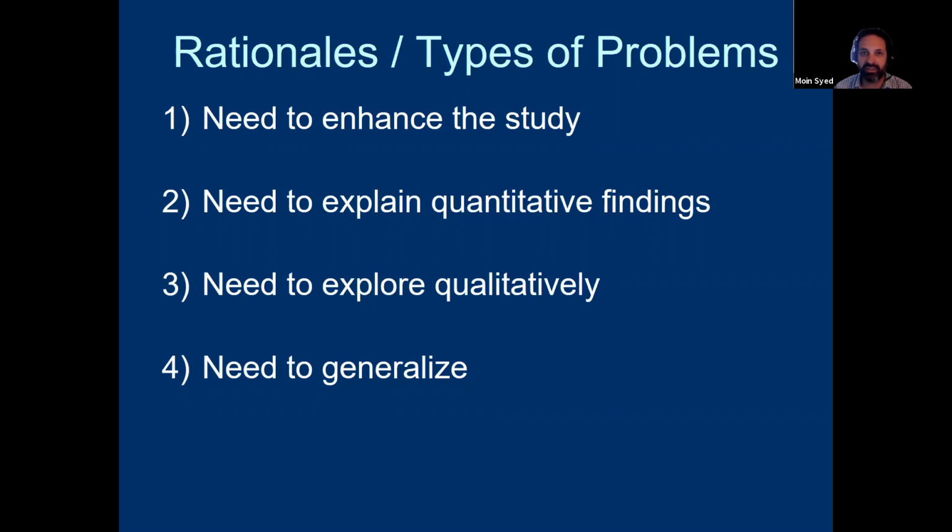There are still always limits in terms of how well we can really generalize given the methods that we use. But oftentimes the quantitative research can approximate generalizability much better than qualitative methods can.